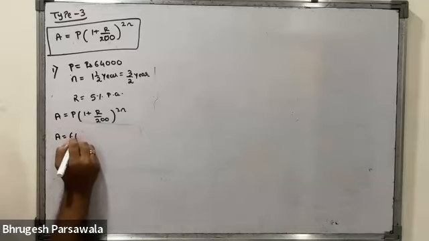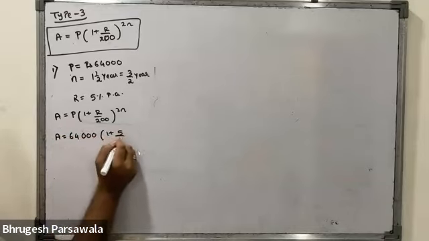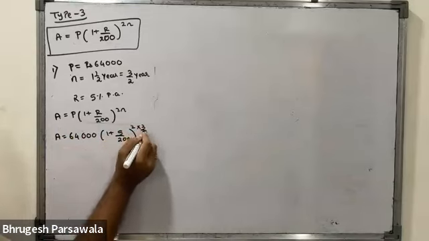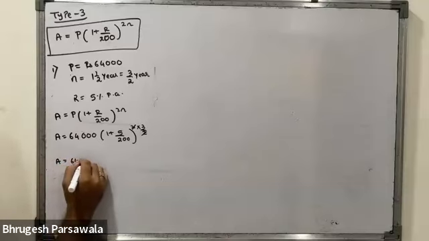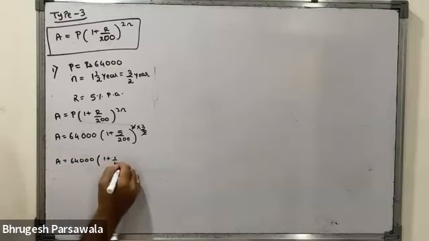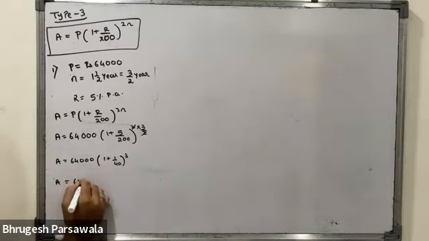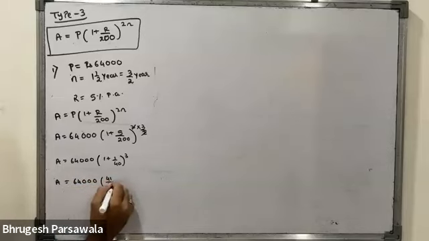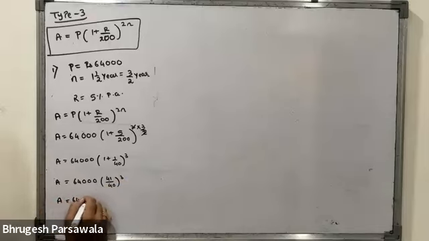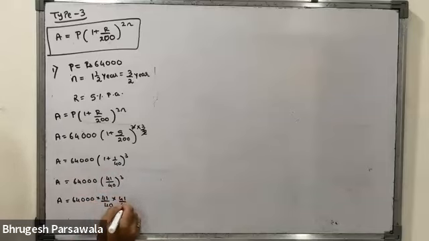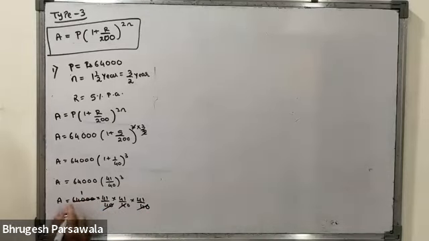So A equals to P, कितना है? 64,000, (1 plus R upon 200) raised to 2n. मैंने एलसीएम लिया बेटा, 41/40 क्यूब है, तो 41/40 राइट इट डाउन 3 टाइम्स. 40 40 40 कैंसिल. 4 4s are 16, 16 4s are 64, and 3 zeros get cancelled. So A is 1681 into 41.